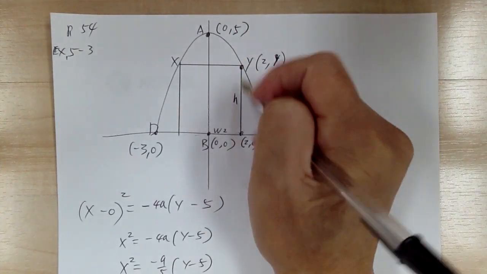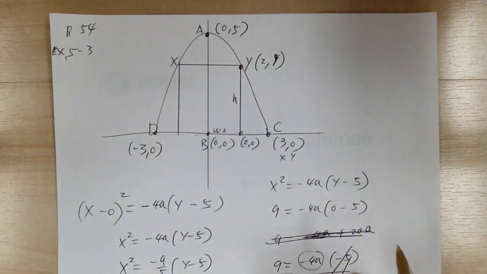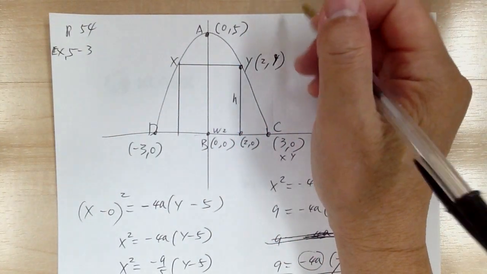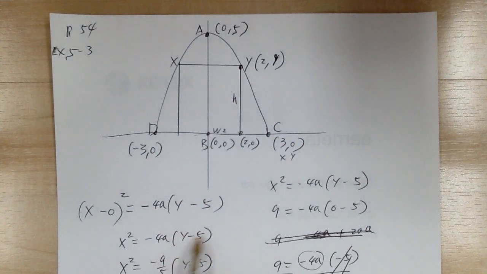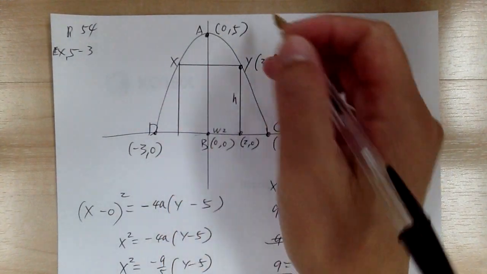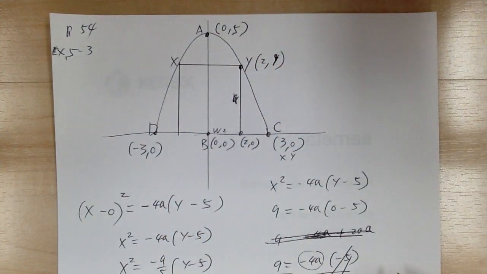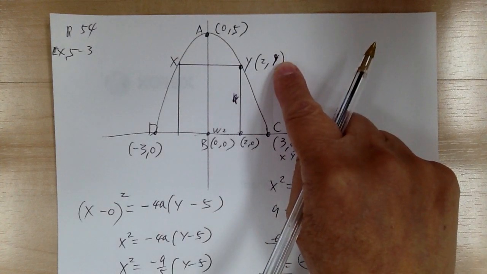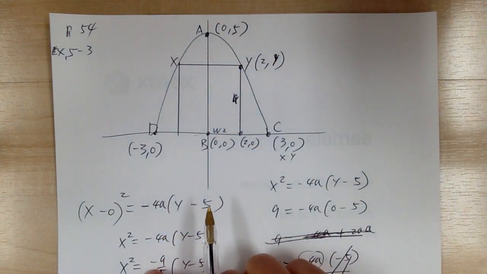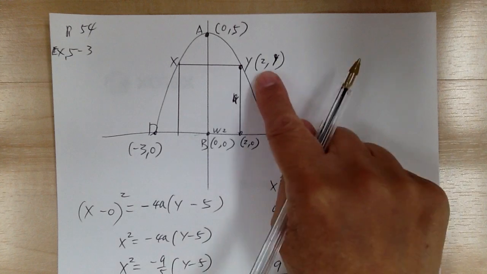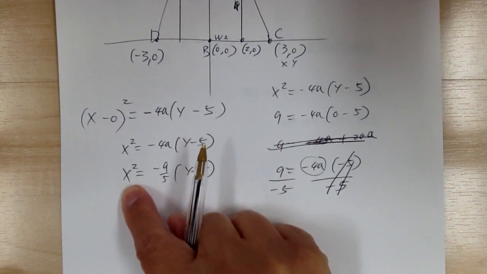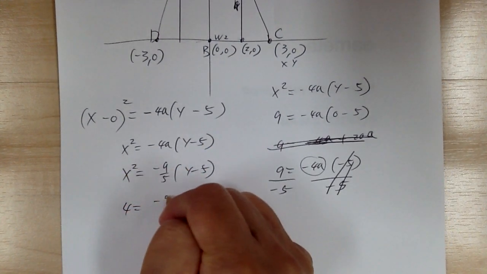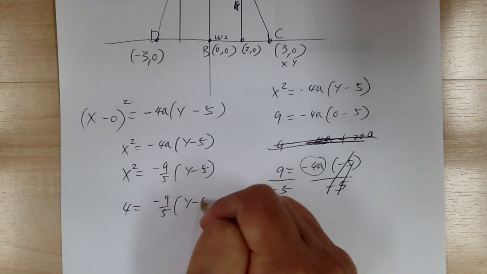So you want to figure out how high this is over here. I don't want to use h because h is the vertex, so I'm not going to use that. You want to figure out what y is, so you can substitute this into here. x equal to 2, so you got 4 equal to negative 9 over 5 times y minus 5.